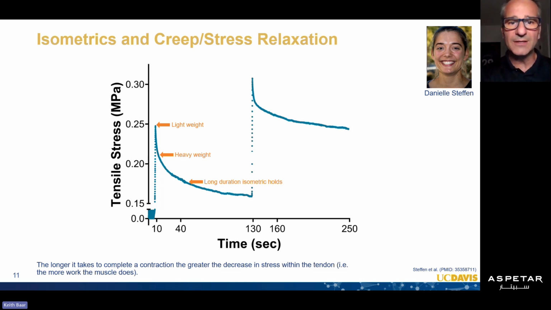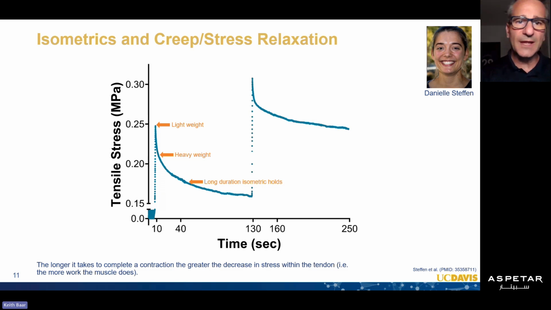If I do a long isometric hold, and by that I mean a 30-second isometric hold, what's going to happen is the tendon will have relaxed such that the stiffness of that tendon will have decreased about 70%. So it's going to have decreased significantly. And that's going to be important as we try and understand these different loads.